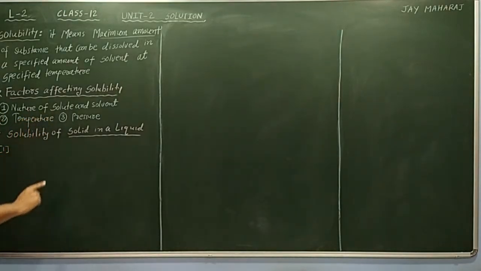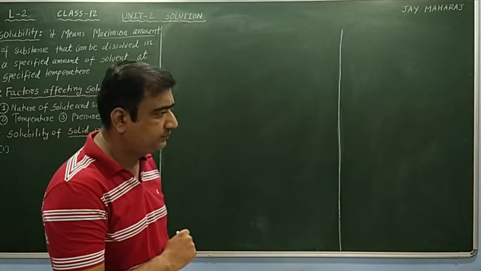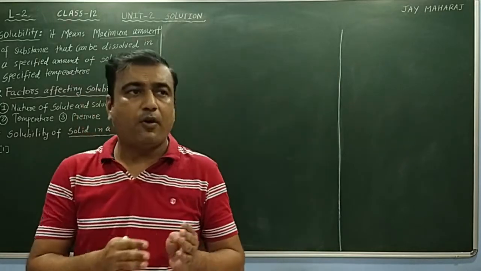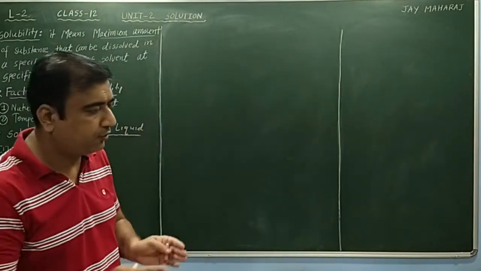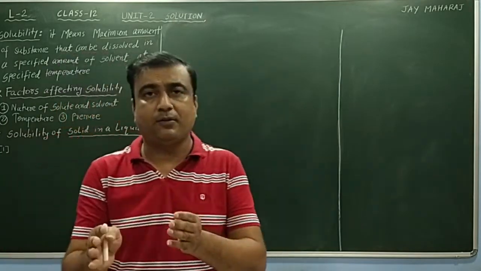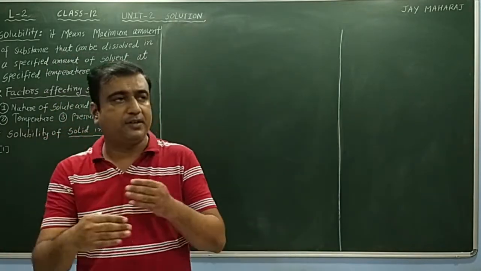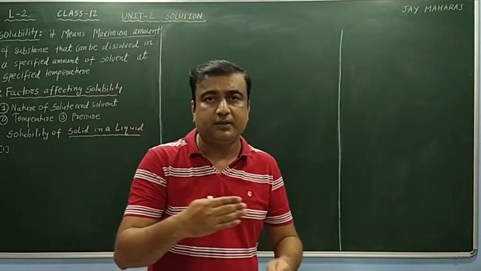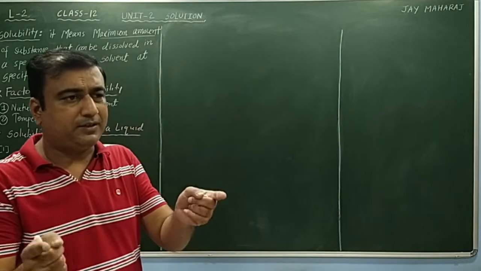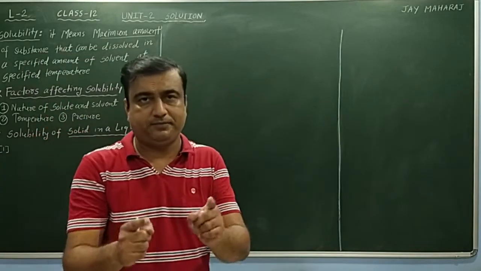Now the first factor is nature. When we are discussing the nature of solute and solvent, we know very well that all solid substances do not dissolve in a liquid solvent, that means in a particular solvent. Some substances dissolve in a particular solvent, some substances dissolve in another solvent. That means it depends upon nature.